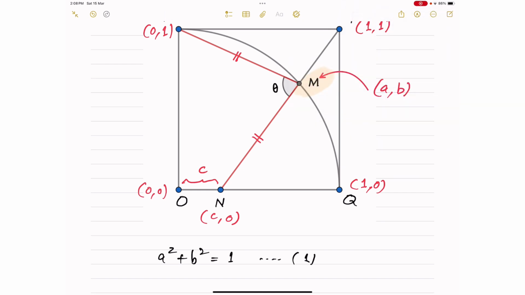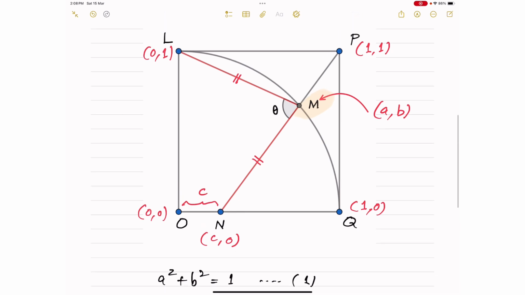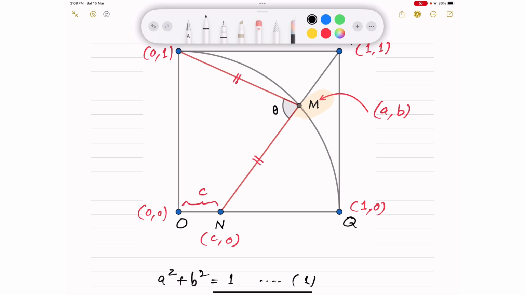We need another equation. We can benefit from the fact that these line segments, let me highlight them in this color, this length here is equal to this length here. So we can come up with an equation saying the lengths are equal, using the distance between two points. Since we have a square root, we can get rid of it by squaring both sides.